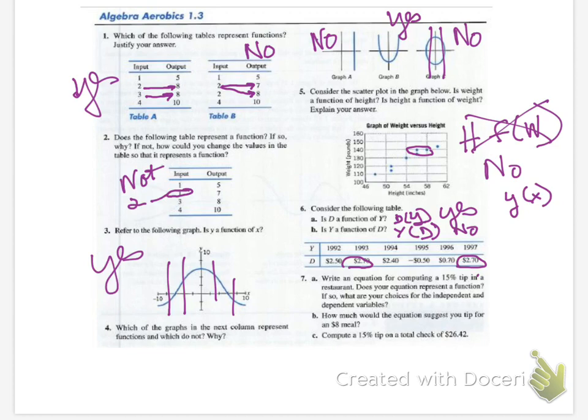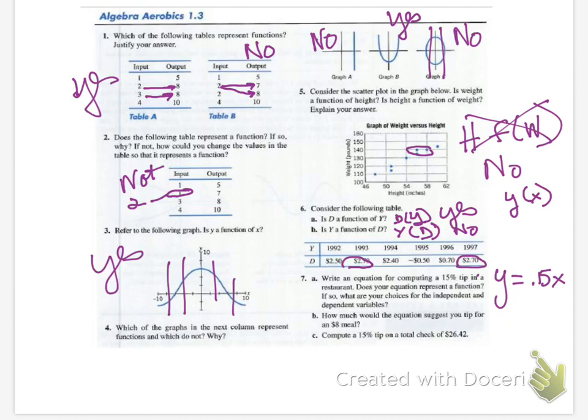Okay, so then for 7, they ask us to write some equations. Write an equation for computing a 15% tip in a restaurant. Does your equation represent a function? To get your tip, you would say y equals 0.15 of your x. That looks like a function to me.